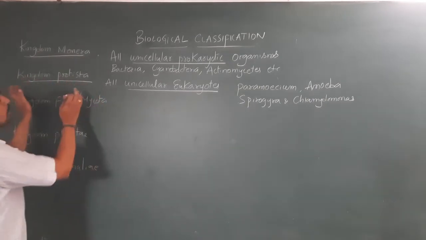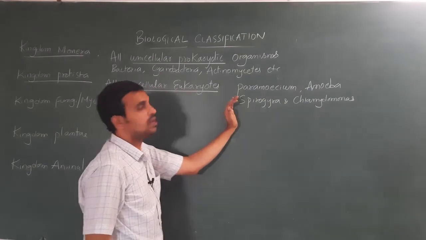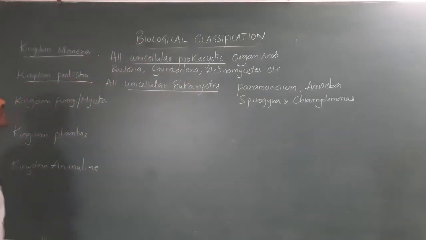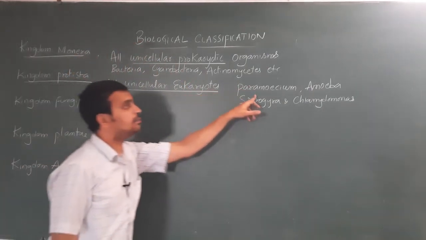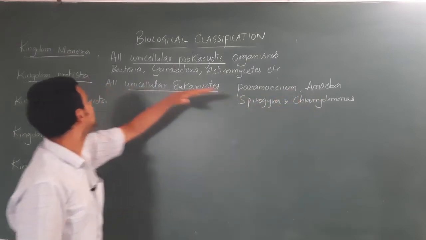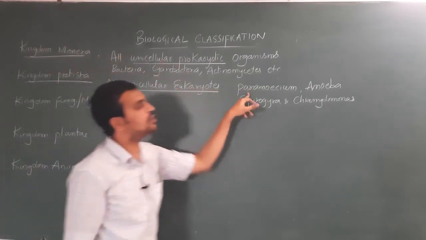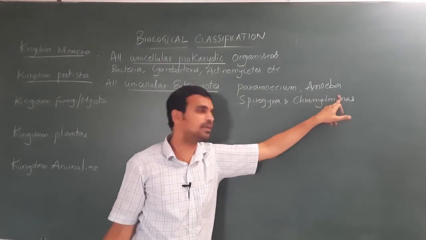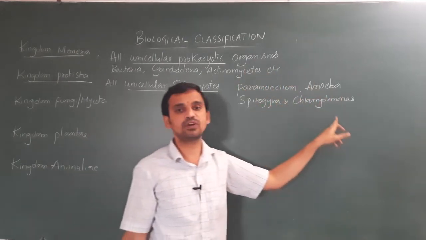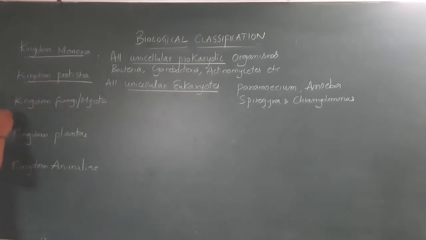But Kingdom Protista brought together all unicellular eukaryotes. Now according to the R.H. Whittaker classification, Paramecium, Amoeba, Spirogyra and Chlamydomonas come under Kingdom Protista. According to the Linnaeus system, Paramecium and Amoeba come under Kingdom Animalia, Spirogyra and Chlamydomonas come under Kingdom Plantae. That you should remember. Now coming to the Kingdom Fungi.